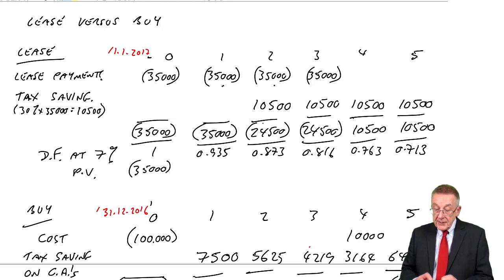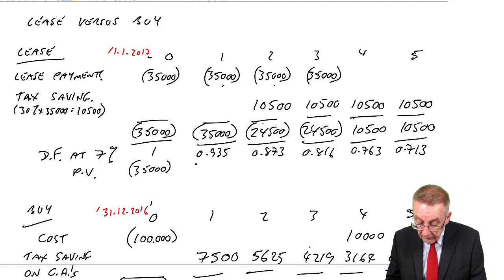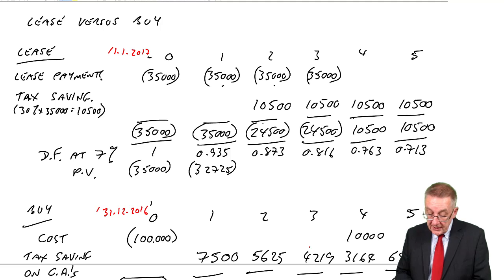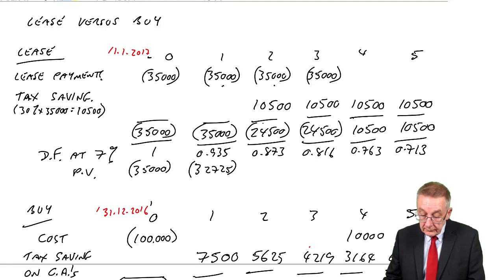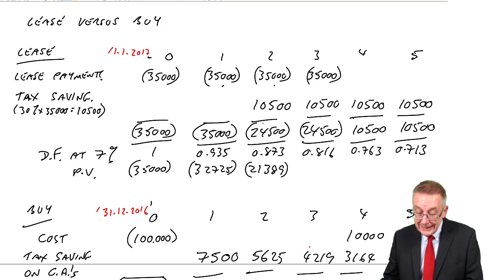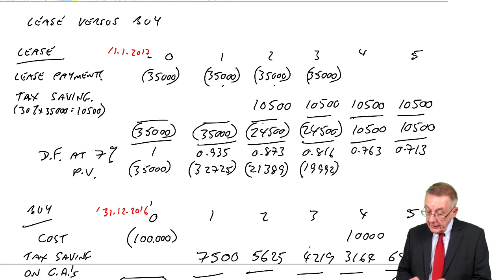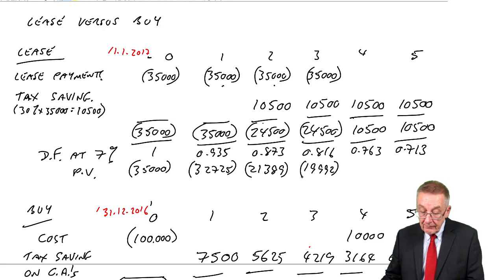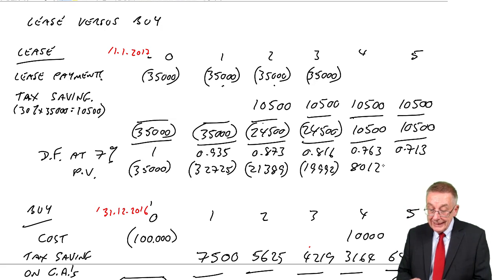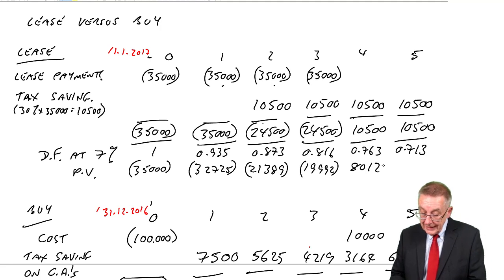You better check I don't make a silly mistake. 35,000 times 0.935. 24,500 times 0.873. 24,500 times 0.816. 10,500 times 0.763. And finally 10,500 times 0.713.